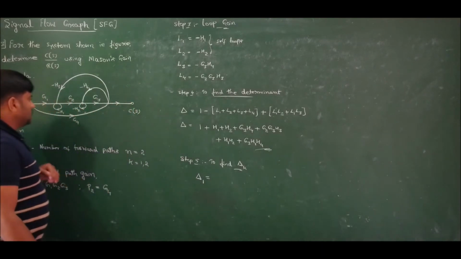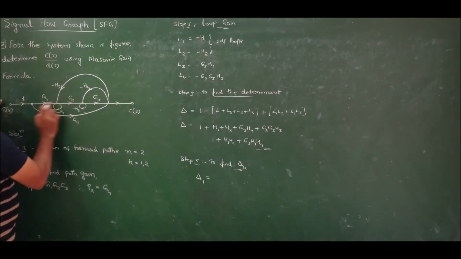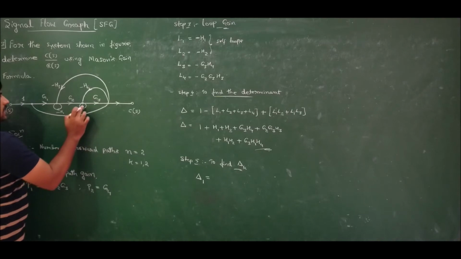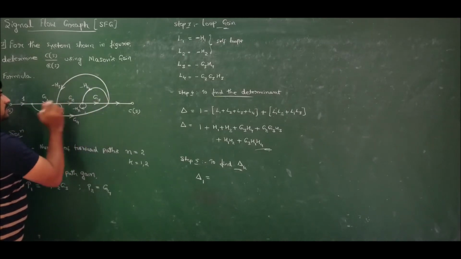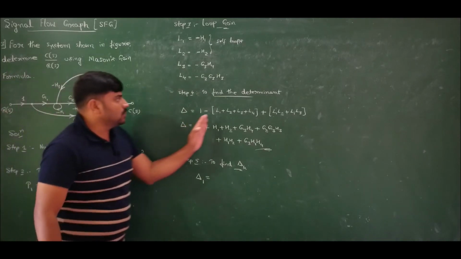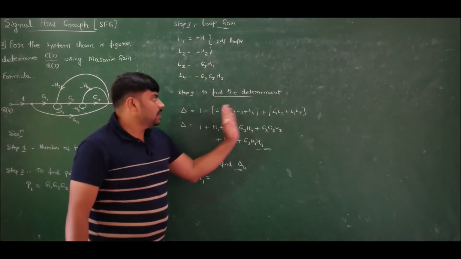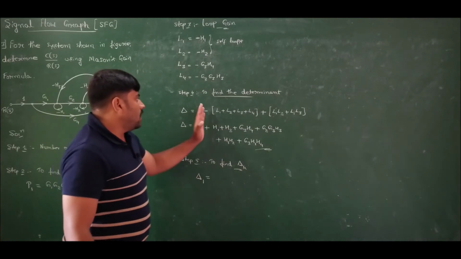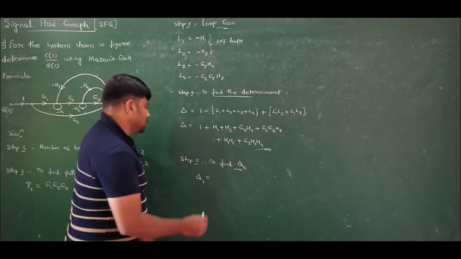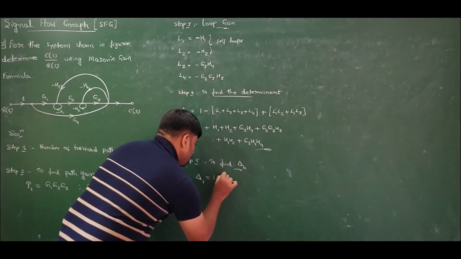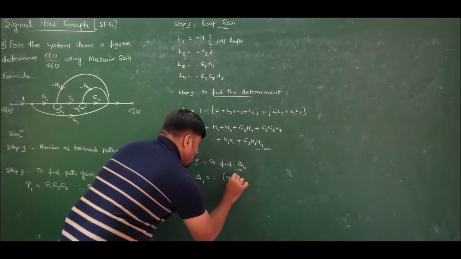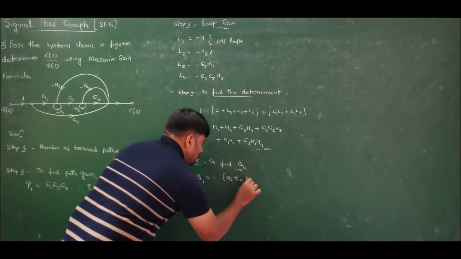So this is path 1, L1 is touching path 1, L2 is also touching path 1, loop 3 is also touching path 1, loop 4 is also touching path 1. So since all the loops are touching path 1, if I eliminate them, everything will be eliminated. Therefore it is 1 minus 0, it is 1, because all the loops are touching path 1.